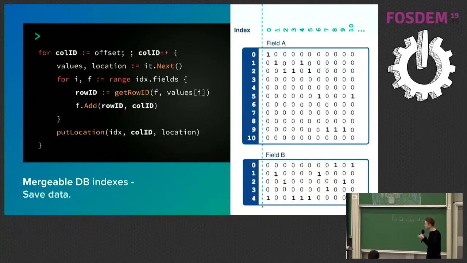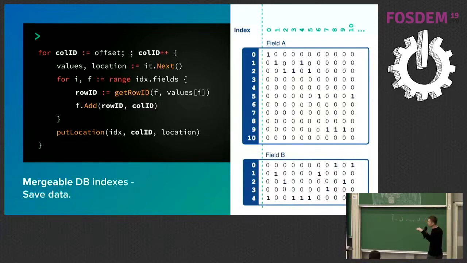Then you have to populate it with data, so you iterate through the records, and every record is a new column in your matrix. So it looks more or less like a column database. You iterate through the records and you iterate through the columns. You set the bit to 1 in every column, but you have to figure out in which field and in which row.